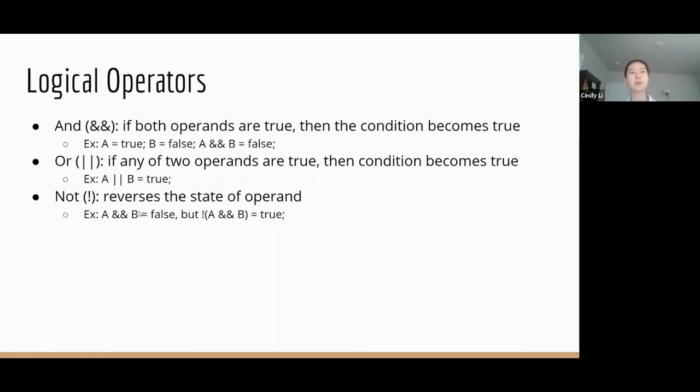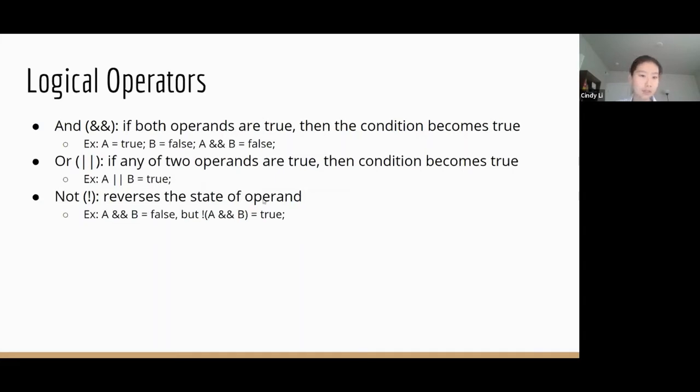Now let's review logical operators a bit. If both operands are true, then the condition becomes true. So if A is true, B is false, A and B is false. Or, if any of the two operands are true, then the condition becomes true.